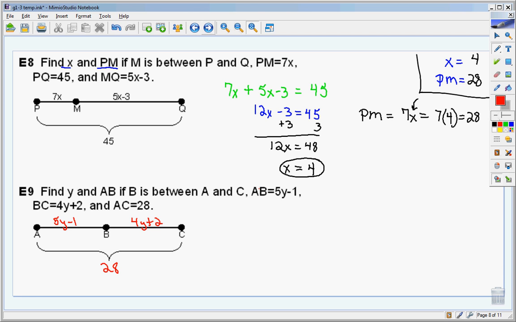Negative 3 over 20. Am I good? Can I go to the next one?